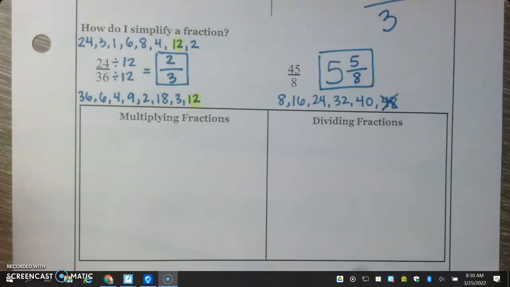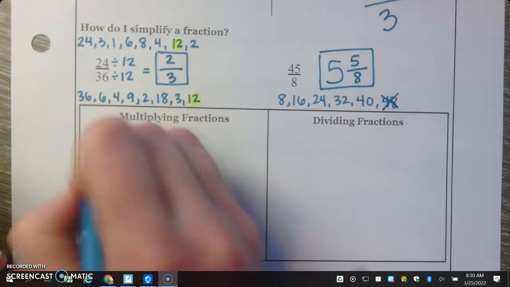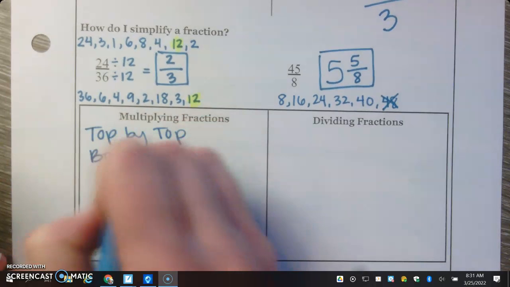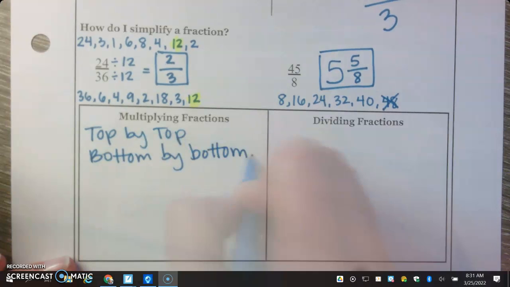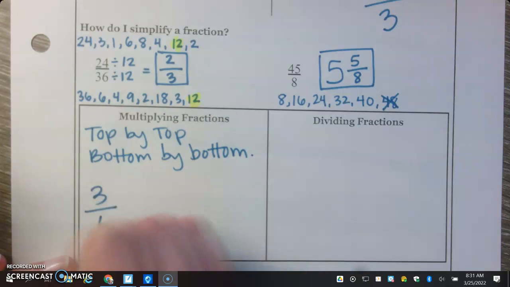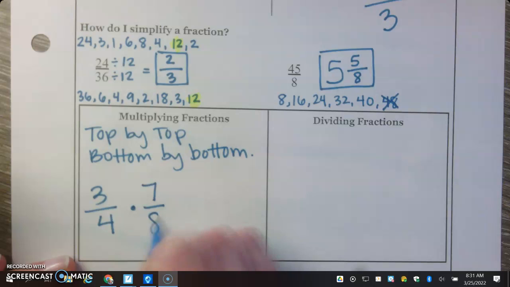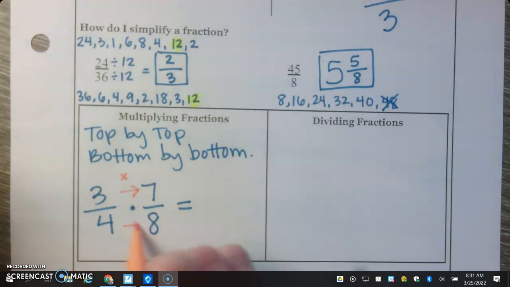Alright, last little bit of idea, we've got multiplying and dividing fractions, everybody's favorite. So when you multiply fractions, all you do is top by top, bottom by bottom. So if I had 3/4 times 7/8, all I'm going to do is multiply my numerators and multiply my denominators.